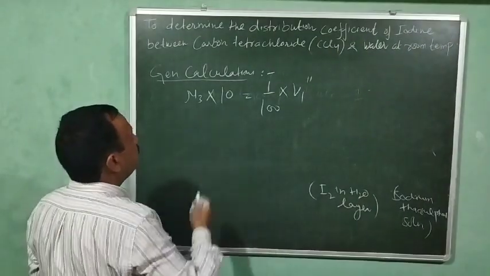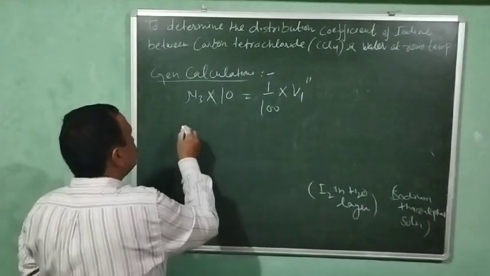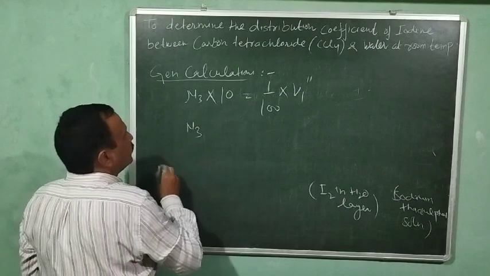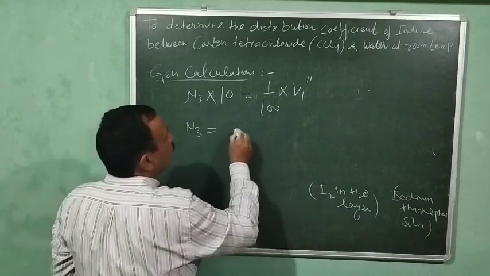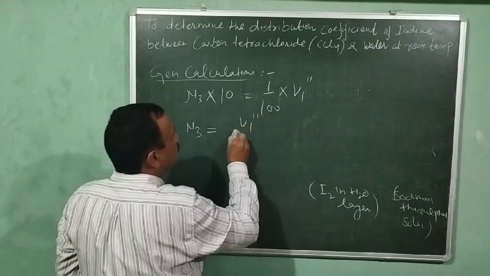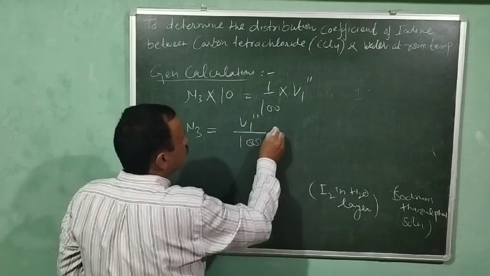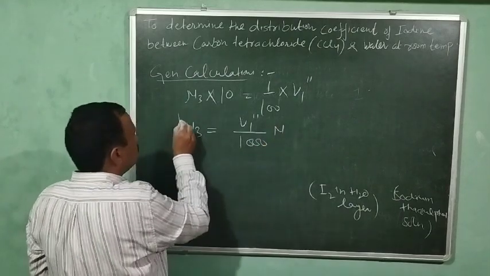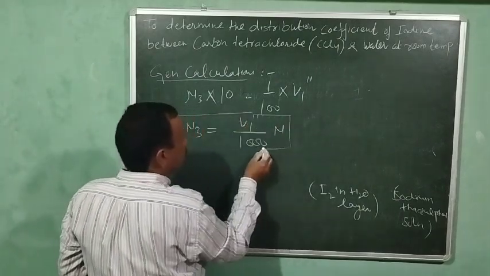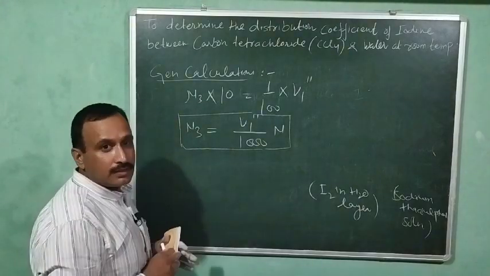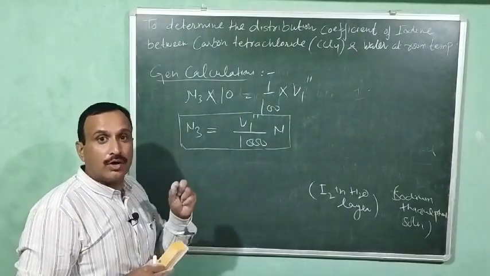Okay, and from here we will calculate the normality of iodine in aqueous layer, and normality will be N3, it will be equal to V1 double prime divided by 1000 normal. So this is the normality of iodine, okay, in the aqueous layer of bottle number 1.